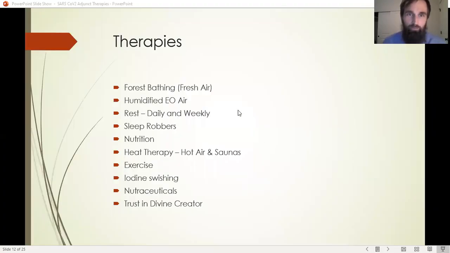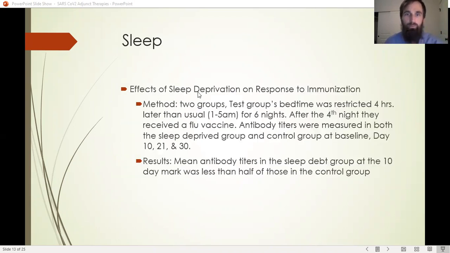This particular study was a randomized controlled trial. They looked at 2 different groups of people. I summarized it here in the PowerPoint because I couldn't bring it up online.